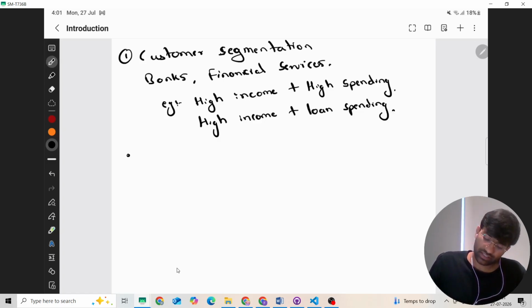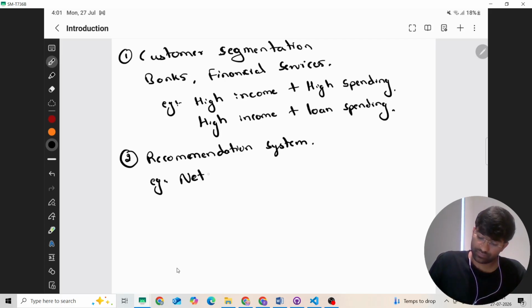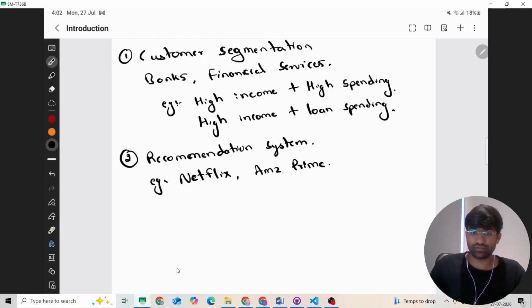The second real-time example I can give is the recommendation system. The best example for this is Netflix, Amazon Prime. Everyone is using these web platforms for entertainment.